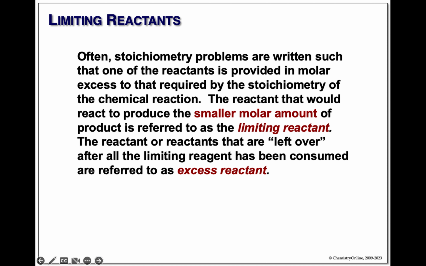To solve a limiting reactant problem, you have to do what we have been doing here twice. You do it once for each reactant. You look to see which one is going to give the lowest theoretical yield. Then you convert that theoretical yield into whatever answer you want.